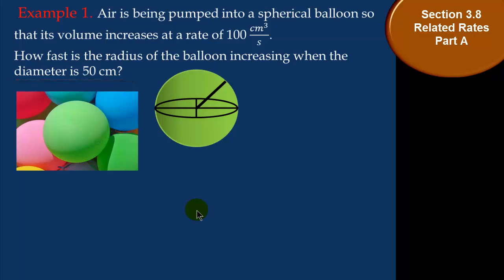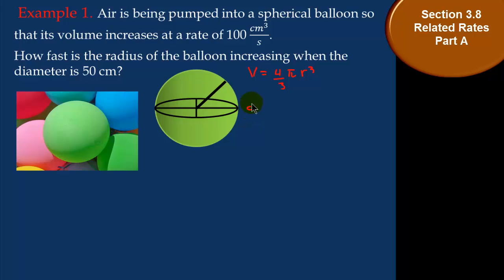This is a related rates problem because we were given a rate of increase, or a dV by dt, of the volume of the balloon. So if we let V be the volume of the balloon, or the sphere in particular, it's equal to 4/3 pi r cubed. And it says here that the volume increases at a rate.